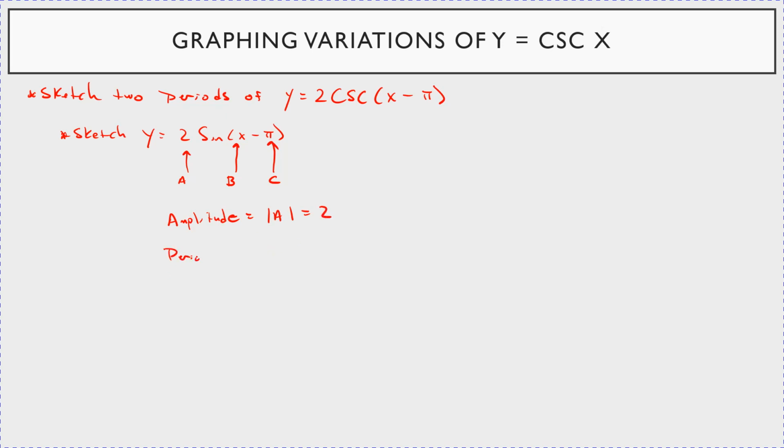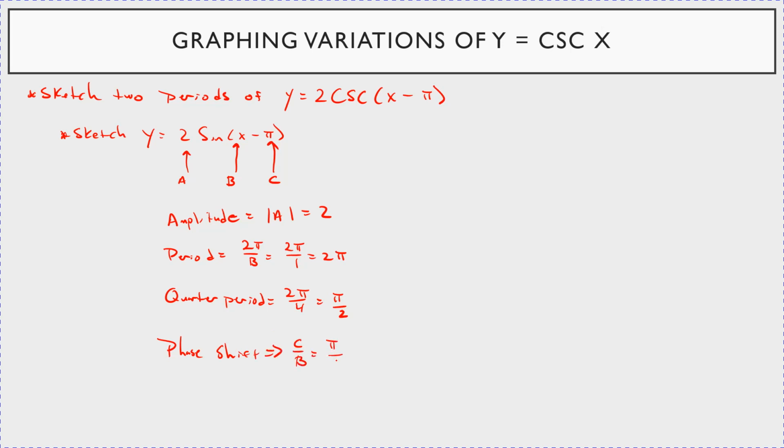The period is 2 pi over b, which is 2 pi over 1, which is just 2 pi. Quarter period, you take 2 pi, you divide it by 4, you get pi over 2. And the phase shift is c over b.